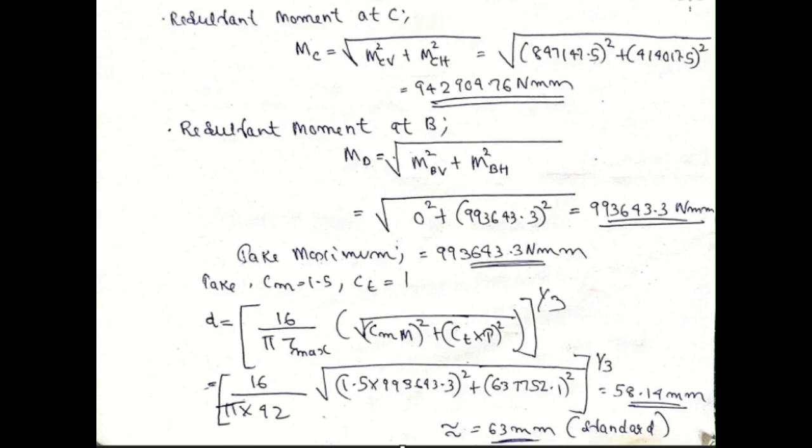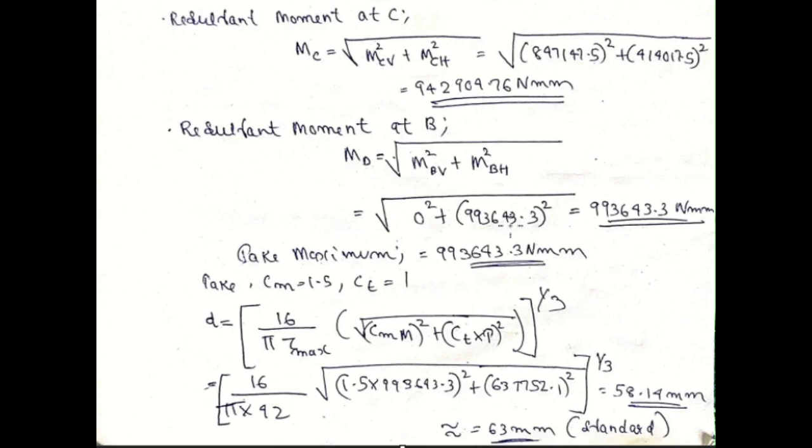In the case of C, we have both values, so we can find MC. For the resultant moment at B, we know MBV is 0 for point B, but we have the value of MBH, so we can find the resultant moment at point B. So now we have the resultant moment at both C and B. That means only these 2 points have some moment, so you have the total moment at this point.